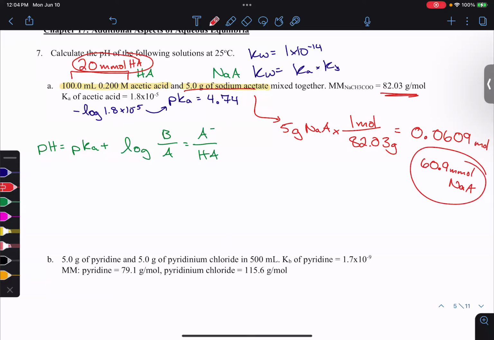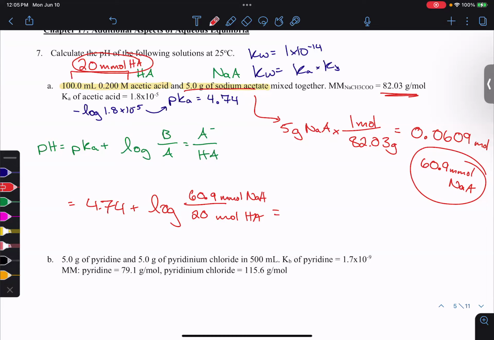And these are the numbers that go into our Henderson-Hasselbalch. pKa is 4.74 plus log of 60.9 over 20. So 60.9 millimoles of NaA and then 20 millimoles of acetic acid, HA. And that equals something.